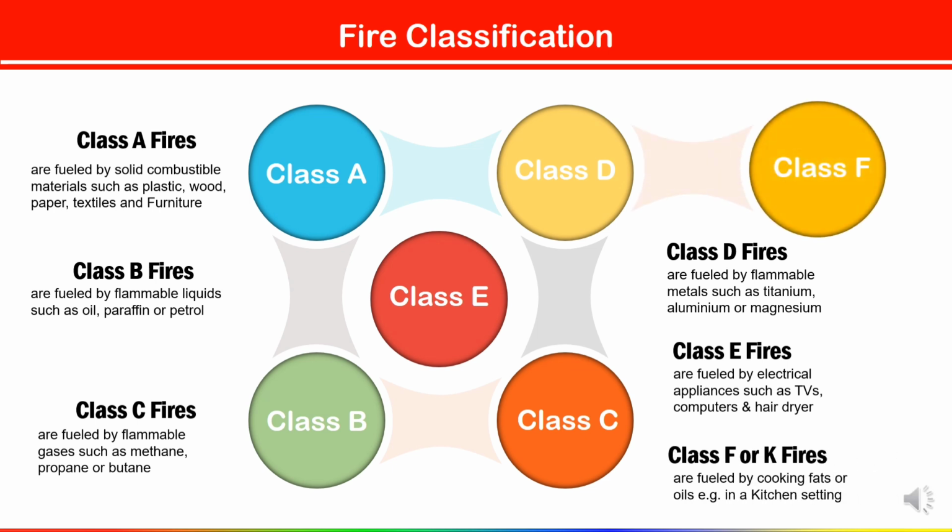Then finally we have class F, which is also called class K fire. Class F or class K fires are fueled by cooking fats or oils. For example, in a kitchen setting, if there is a fire, that fire may be categorized as class F. The best example is a deep fryer fire in a restaurant, which is considered a class K or class F fire.